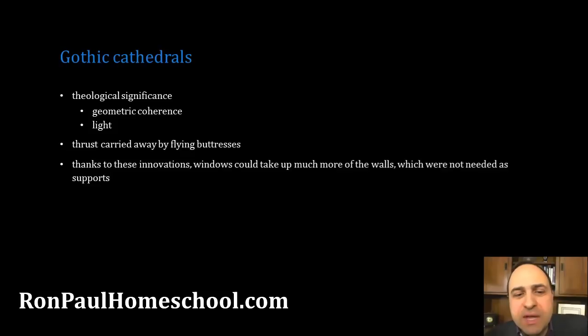The flying buttresses are going to redirect this weight off the supporting walls. And so now the cathedrals can have more window openings, so you're going to get more light flowing in. Buildings can have thinner walls, so you'll need less building material. And you don't have to have so many support structures in the building. A lot of the support structures then can be transferred outside the building.